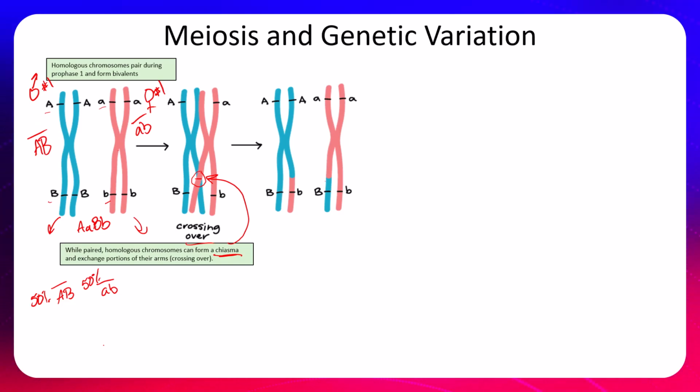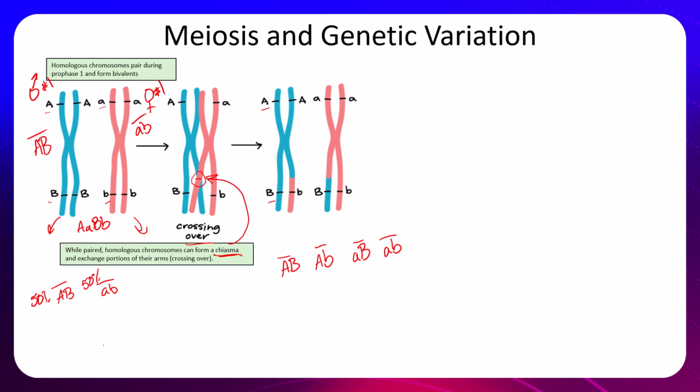Now, how does crossing over affect that? If we crossed over between these two sister chromatids within this tetrad, you get this situation where you have one sister chromatid that is big A, big B linked. This sister chromatid now contains big A, little b linked. This chromatid now has little a, big B linked, and this chromatid is little a, little b linked.